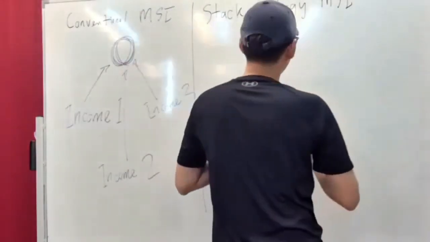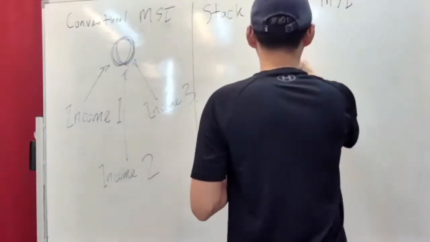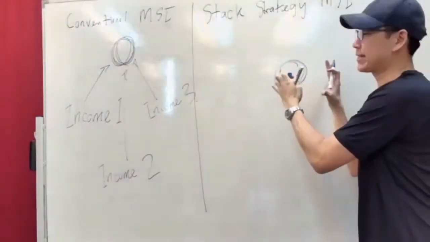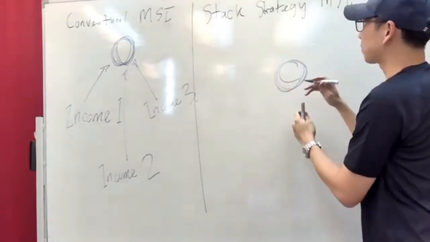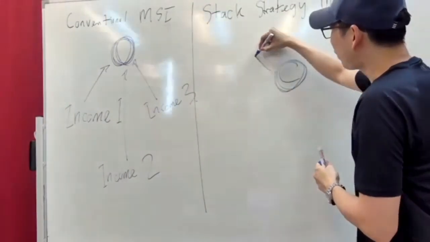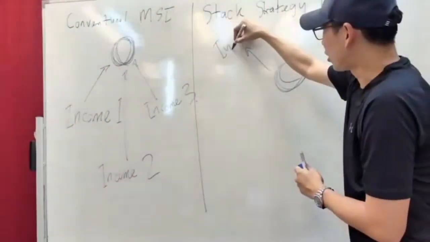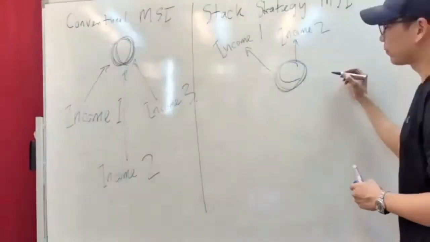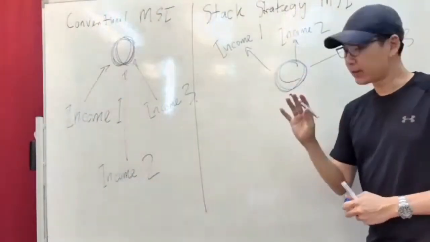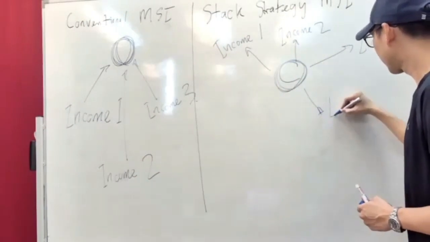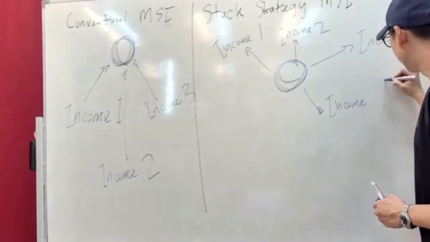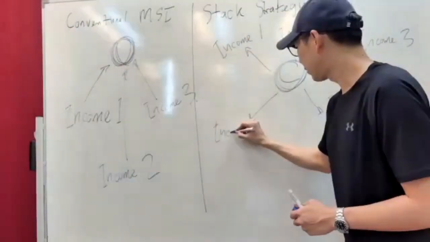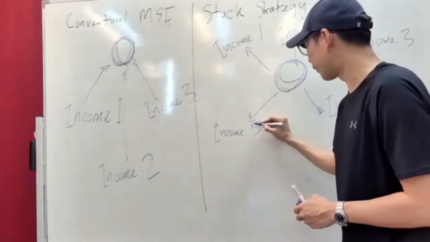But when it comes to the stack strategy, this is the business. This is what we call the core business. There's the core business, and then the core business generates income 1, income 2, income 3, income 4, and income 5.